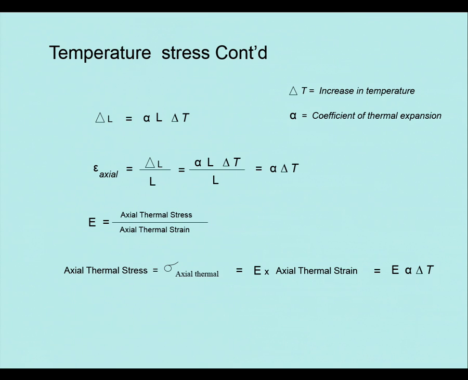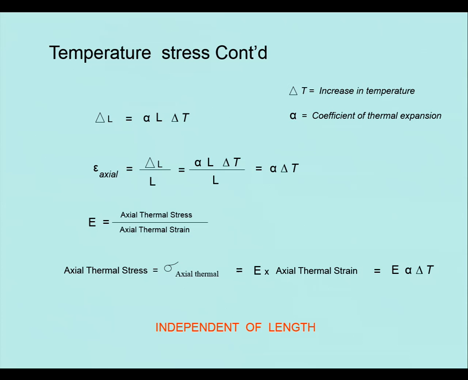So it's a function of E, which is constant, and the temperature rise. That temperature is a change from your seabed temperature to your operating temperature. So if your seabed temperature is 4 degrees and your temperature when your pipe is running hot is 60 degrees, then the temperature difference you have to use is 56 degrees. So it's independent of the length.